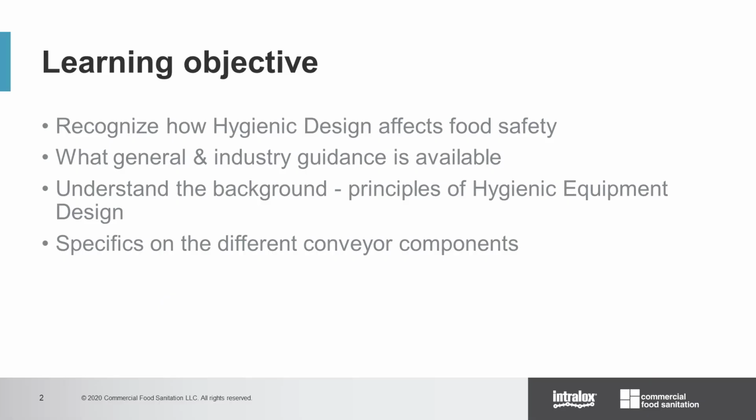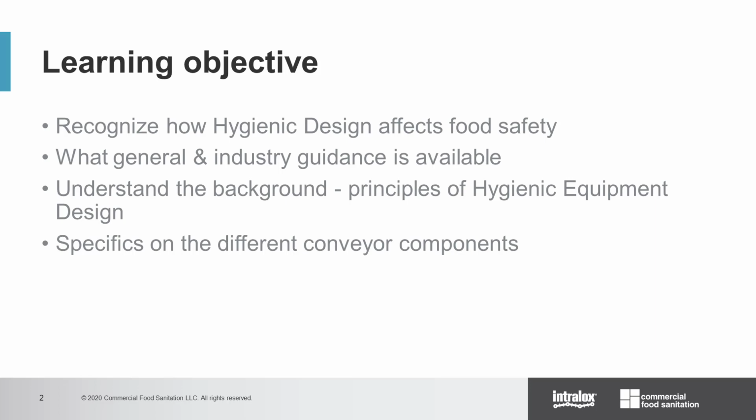Let's start. After this course, we would like you to recognize how hygienic design affects food safety, specifically related to conveyors that are often in direct contact with food products. We also like to share with you what general and industry guidance is available out there.